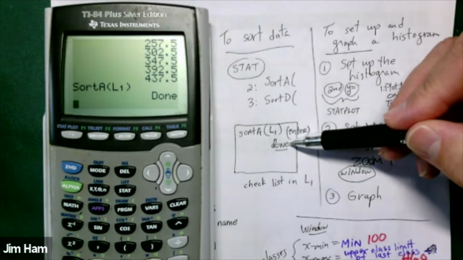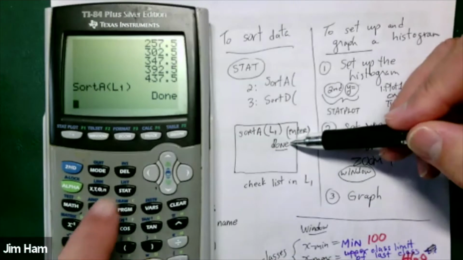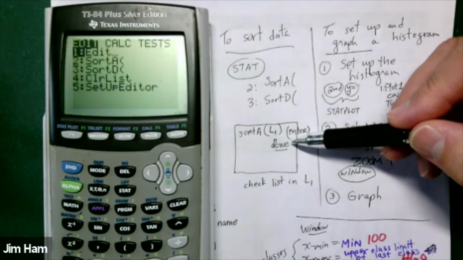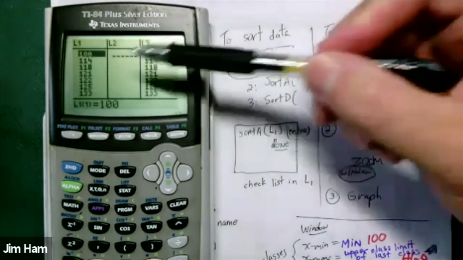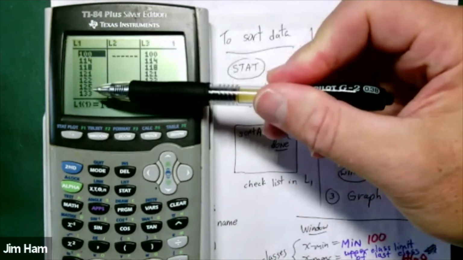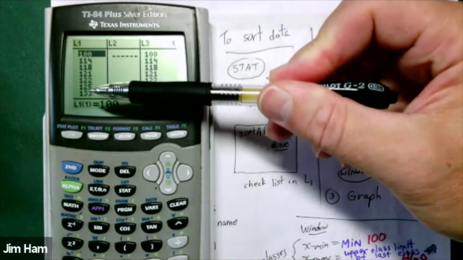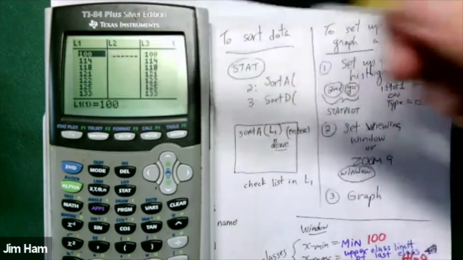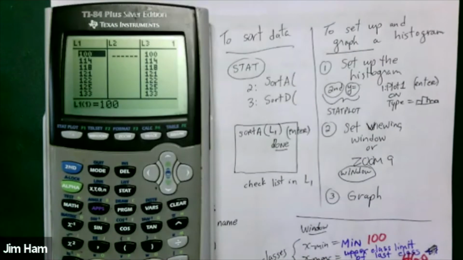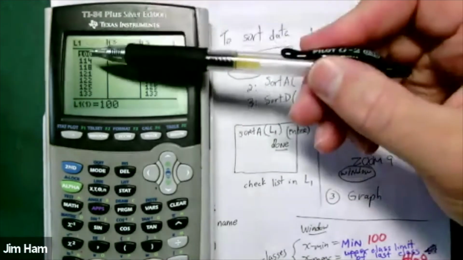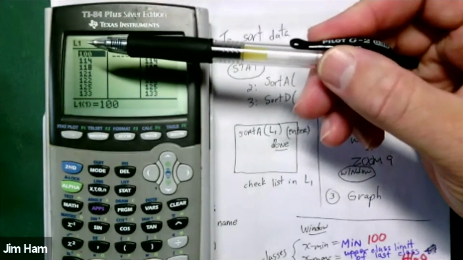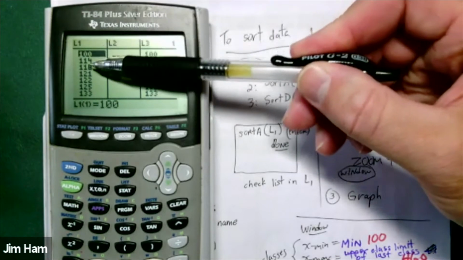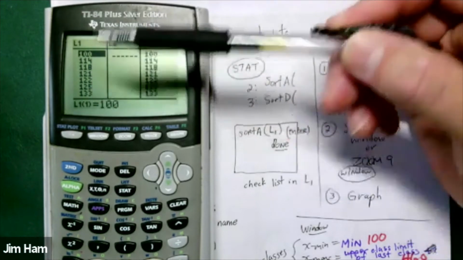And then if you want to see where that data appears, go back to where your data are in list, and then edit. And now you'll notice that all of the data values in L1 have been sorted. Now what this will help you to do then, and let's get back to the frequency distribution, we are now going to count the data values between 100 and 144. 1, 2, 3, 4, 5, 6, 7.